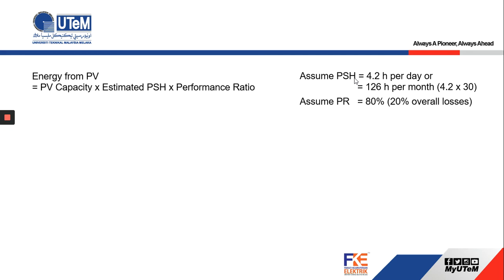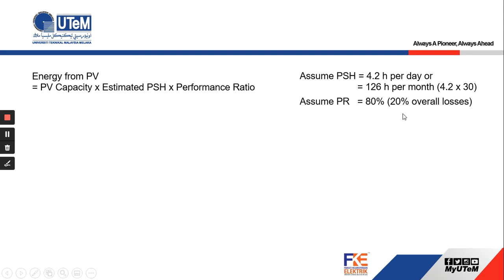For locations in the northern part of the country, like Perlis, Penang, Kedah, the amount of daily sunshine is much higher compared to locations such as Malacca or Johor. Okay, but for simplicity, we assume the value is set to 4.2 hours per day or 126 hours per month. And we assume that the performance ratio is 80%.